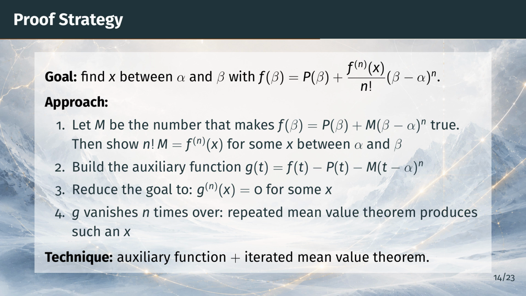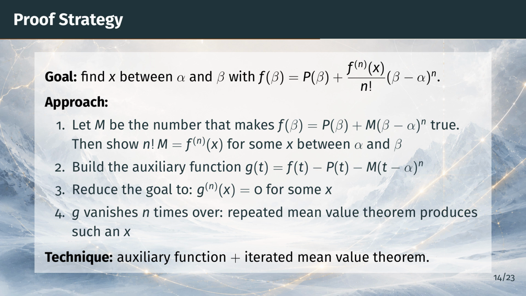And step 4. The function g is designed to vanish so many times that repeated applications of the mean value theorem force a 0 all the way up at the level of the derivative of order n. This 2-part trick, an auxiliary function plus an iterated mean value theorem, is a pattern worth remembering.